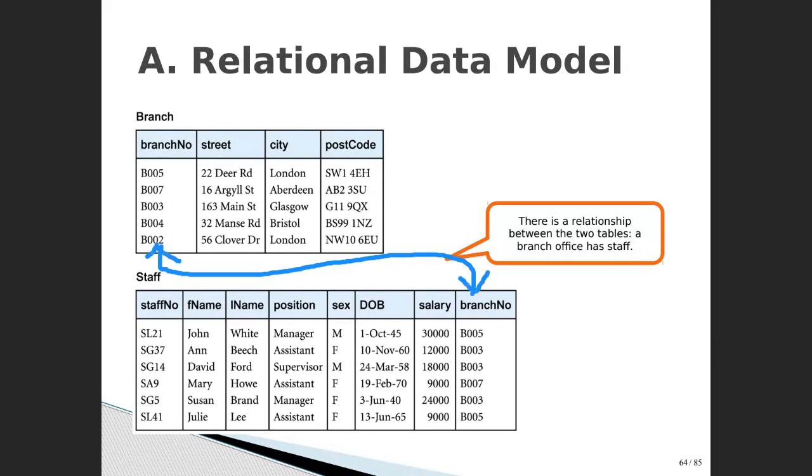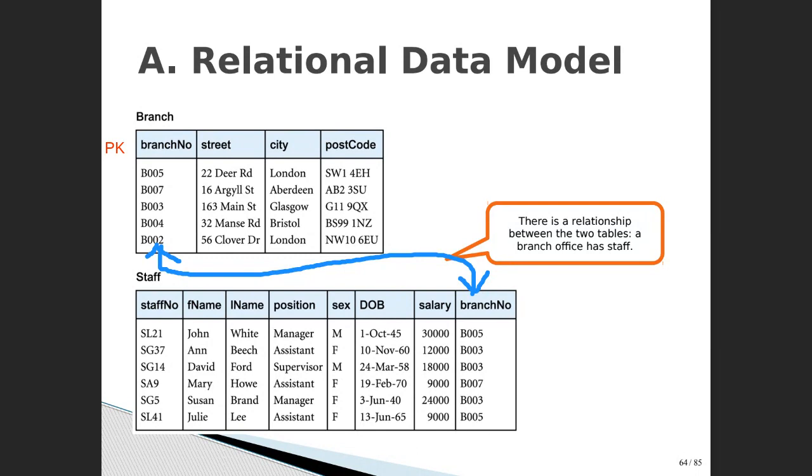Can you remind me, what is the branch number in the first table? Anyone? What do we call it? Yes, Mariam, excellent. Primary key. So the branch number in the branch relation or table is the primary key.